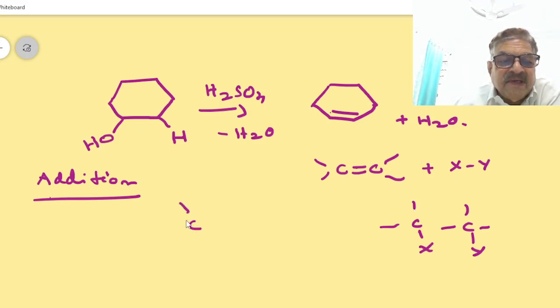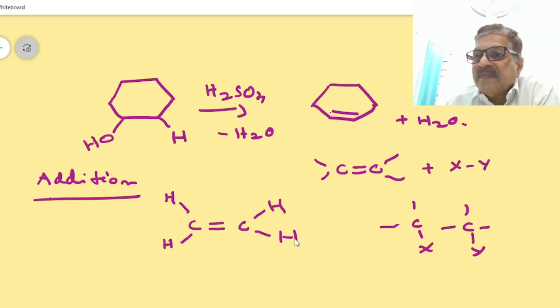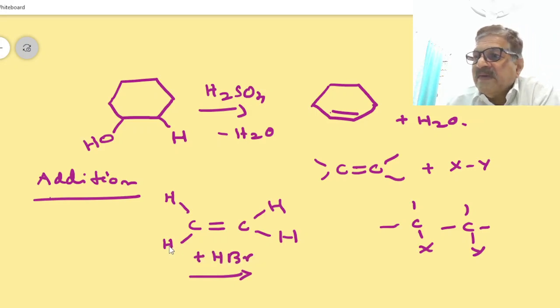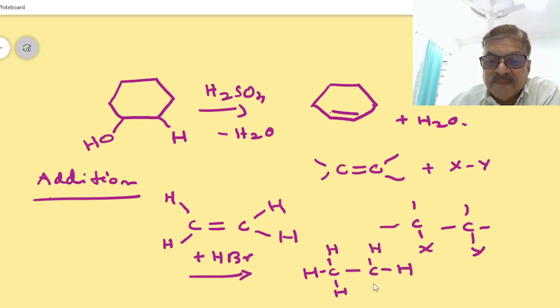So, like this, if you see, say a double bond here, correct? Then reaction with HBr here. What will be the nature of the product formed here? We can say C, so this is an addition reaction here.